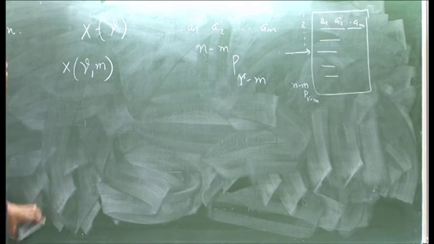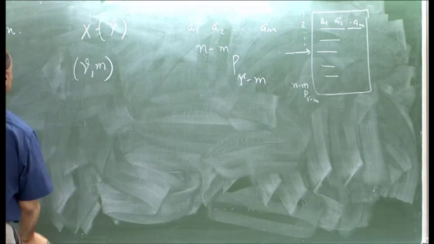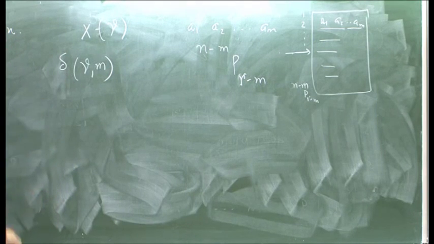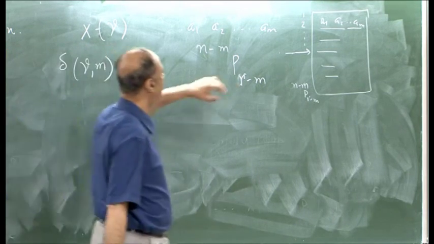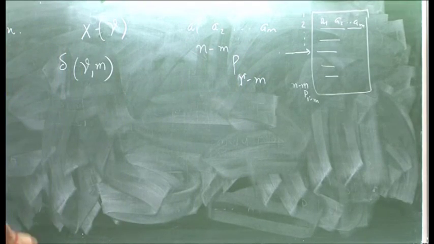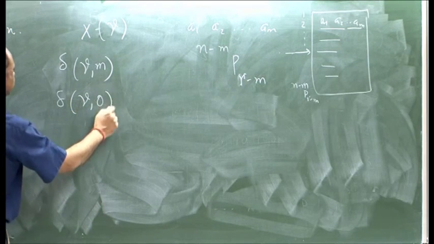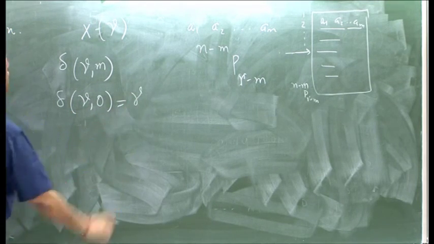Basically, instead of making it confusing, let us put it as delta gamma m. Delta gamma m is the position of x gamma from here to this. So obviously, delta gamma 0 is nothing but your gamma.